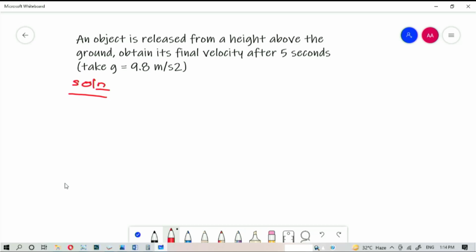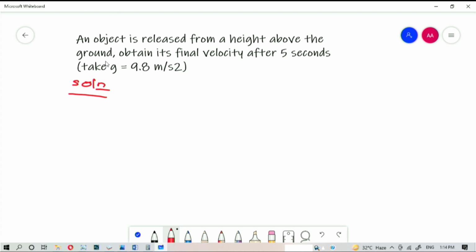Example 1. An object is released from a height above the ground. Obtain its final velocity after 5 seconds. Take g equal to 9.8 meters per second square. Solution.